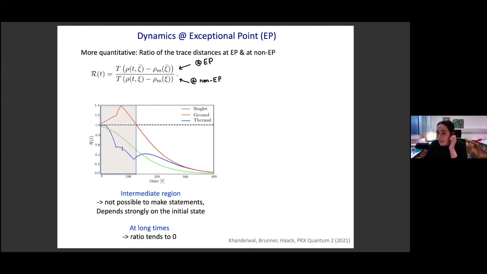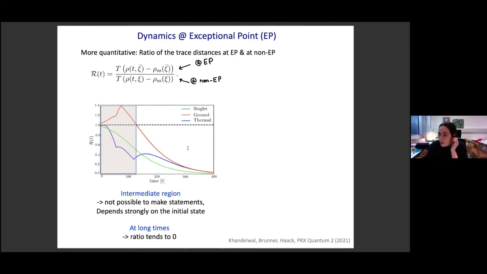Indeed, at short times, the dynamics depends too much on the initial state. You will have contributions from different types of eigenvectors. There is no remarkable behavior. But at longer times, you will always have this ratio, the trace distance at EP, which will be smaller than the trace distance at non-EP.